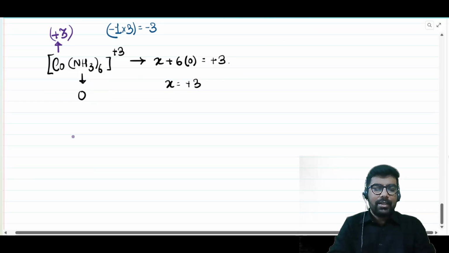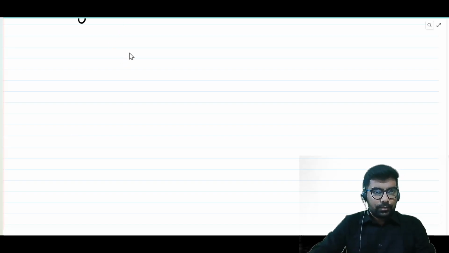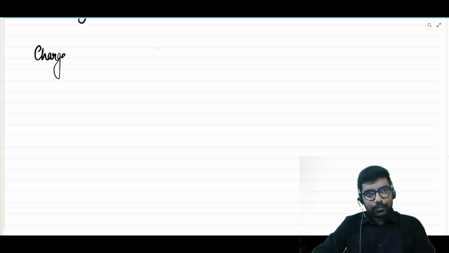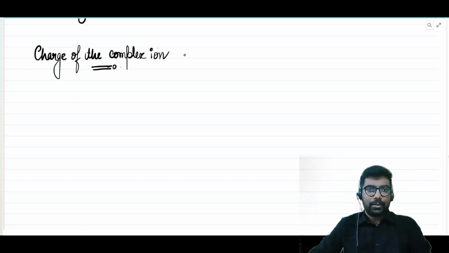Okay. Then we will move on to the charge of the complex ion. Basically the complex can be of three types.